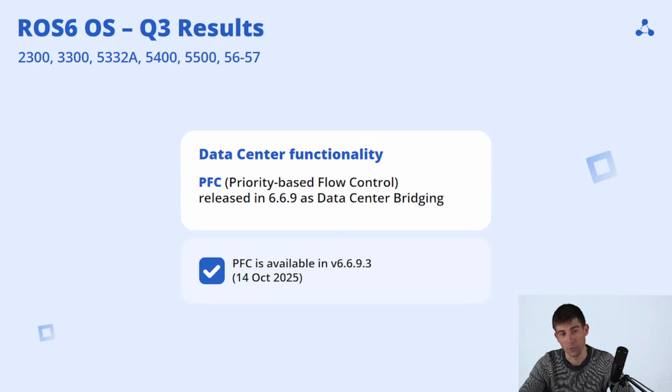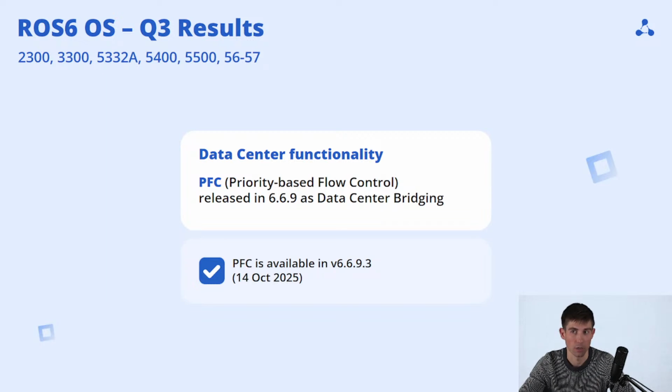The reason it's called priority-based, as you can tell from the name, is that it's somewhat similar to quality of service. It has a queue structure, and you can prioritize some types of traffic over other types.